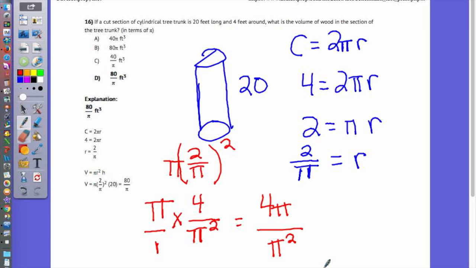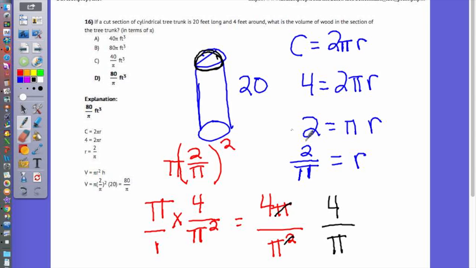To simplify, I'm going to take a pi out of each of these. 4 pi divided by pi is just 4, and pi squared divided by pi is pi. So 4 over pi is actually the area of the circular base.